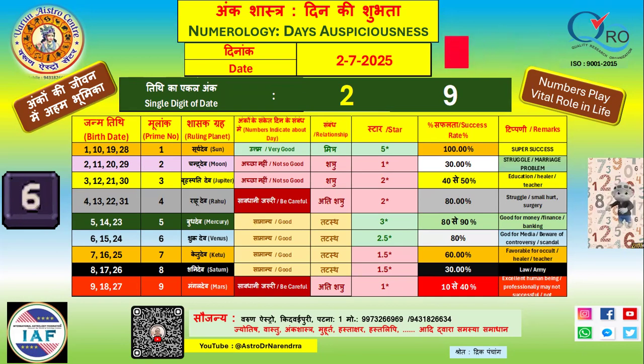Those born on 1st, 10th, 19th, 28th of any month, 1 and 9 are in a friendly relationship, so a 100% success rate may be there. And the neutral relationship with 9 is with prime numbers 5, 6, 7, and 8.